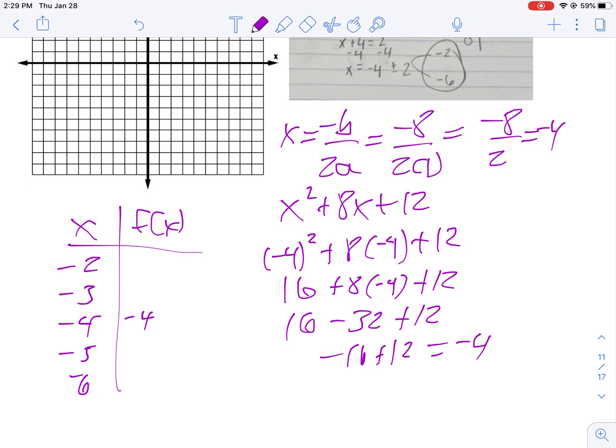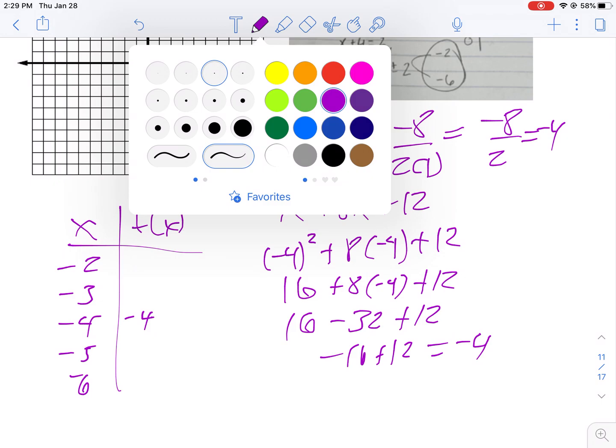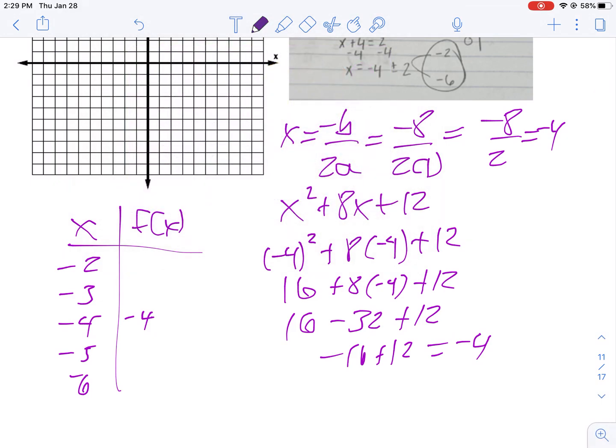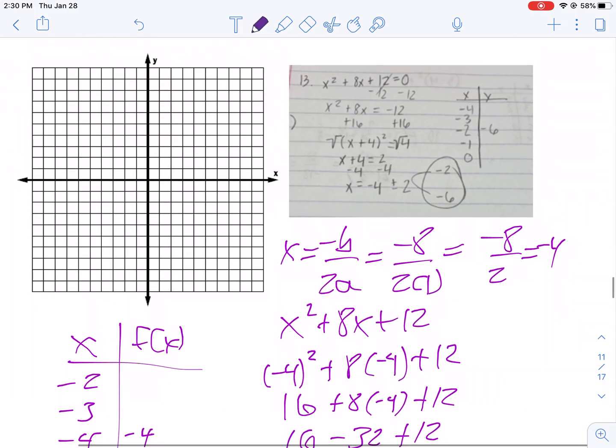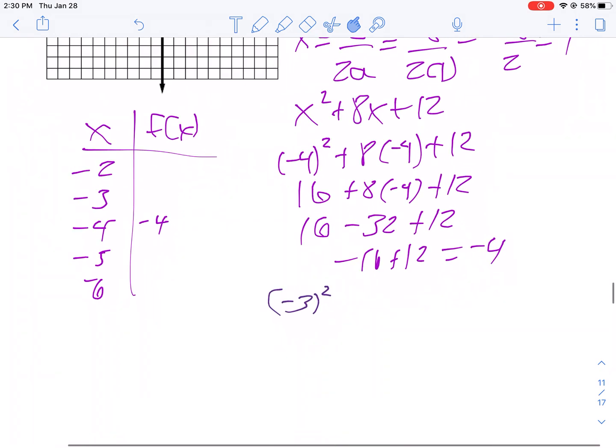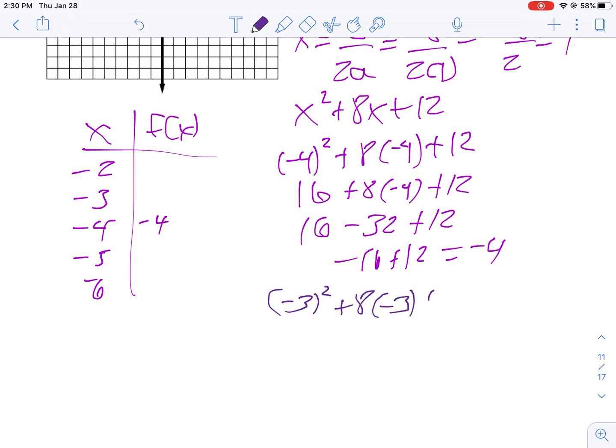Now let's do -3. In fact, I'm going to plot that point before I forget. -4, -4. Now, we'll put in -3. So -3 squared plus 8 times -3 plus 12.